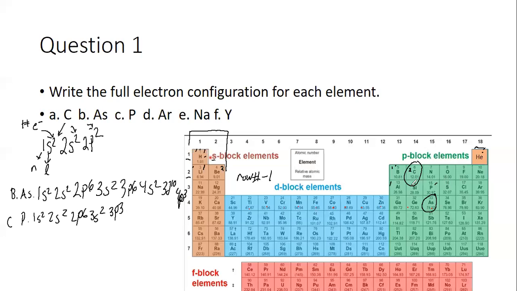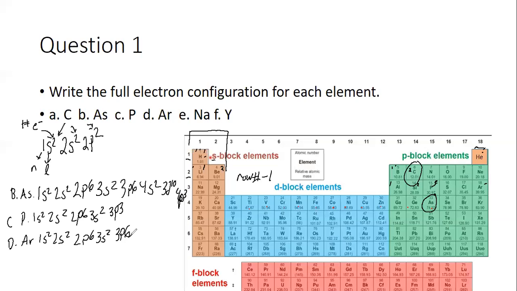Argon, it's just 3 spots over. So if we continued from phosphorus, it would be 3p6 because we have to count 6 times to get to argon. So 1s2, 2s2, 2p6, 3s2, 3p6.